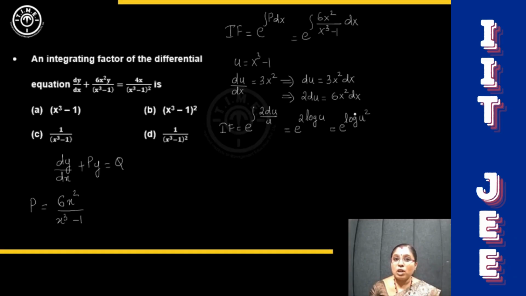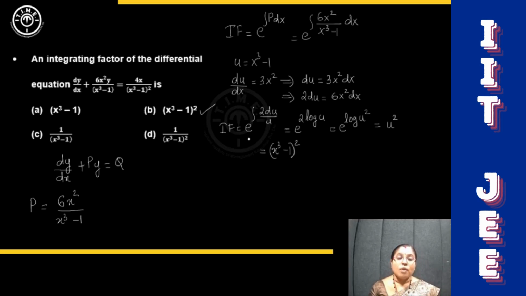Now e to the power log will get cancelled, so that your integral becomes u square, where u is x cube minus 1. So x cube minus 1 the whole square. So we can see that the integrating factor is x cube minus 1 the whole square. So our required answer is option B.